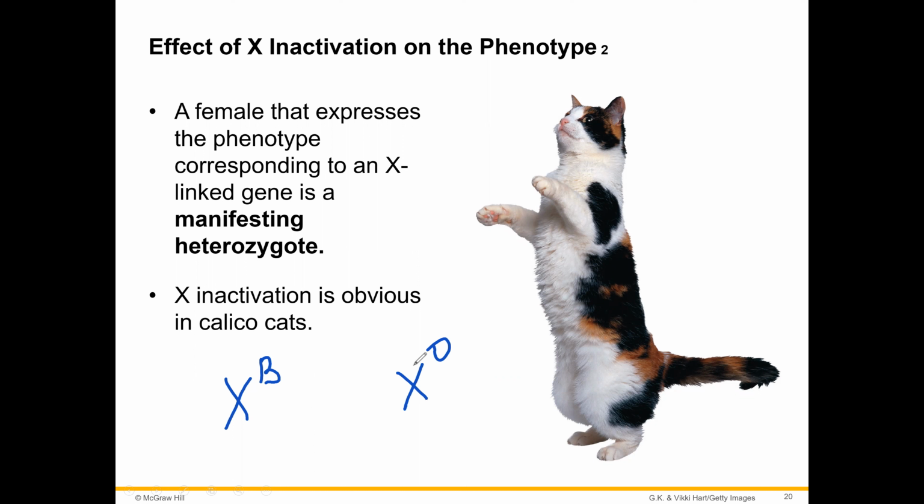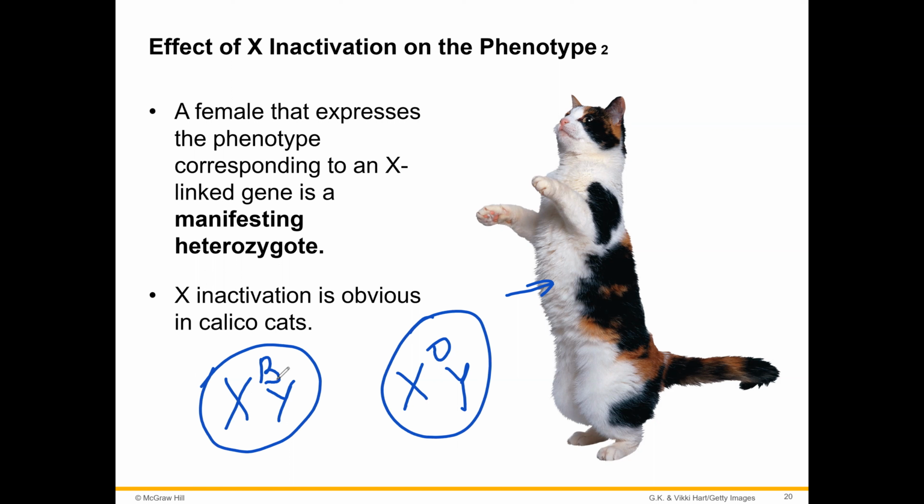If this is a male cat, because it's XY, the male cat can be black or the male cat can be orange. Of course, both can have some white color. So for a male cat there are only two possibilities, either this genotype or this genotype. This male cat is going to be black, and this male cat will be orange.